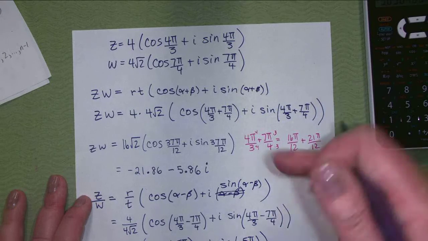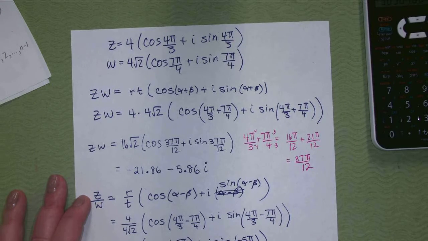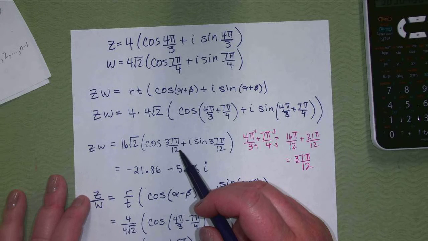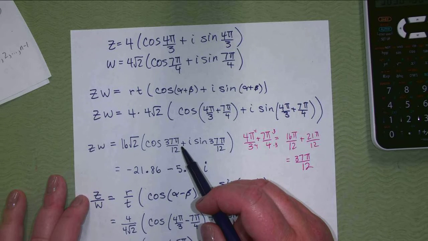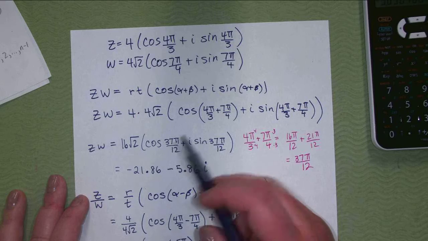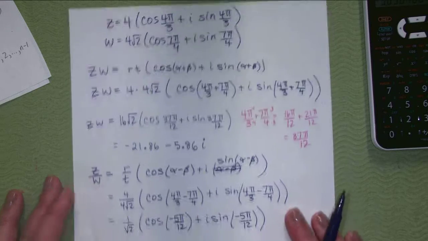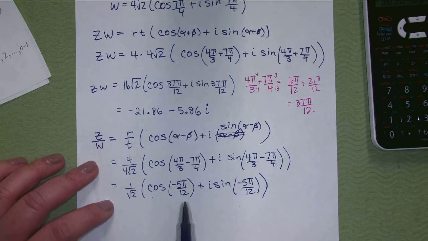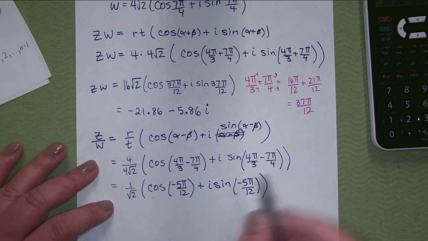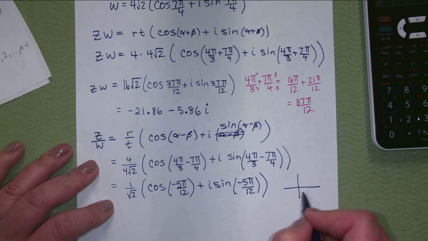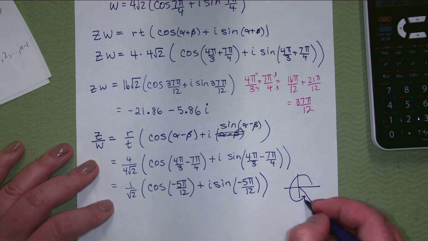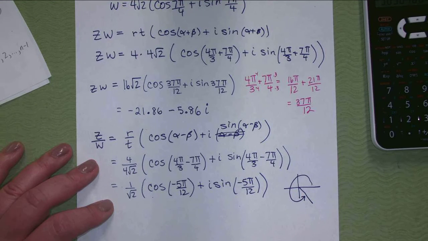To be technically correct, you would actually draw this and then find what the equivalent would be between 0 and 2 pi, but we don't need to bother with that in here. But outside of this, you would find where negative 5 pi over 12 is, like here, and then you'd say, okay, what is this between 0 and 2 pi, the same as pi over 12? Right. But we don't need to do that.